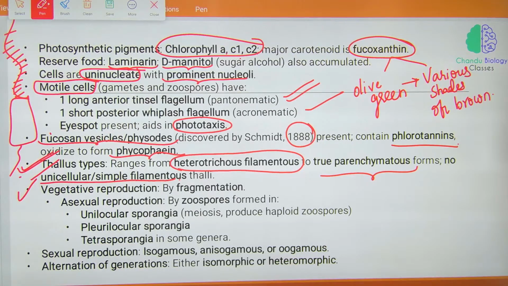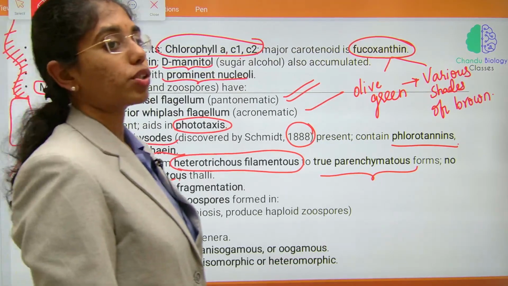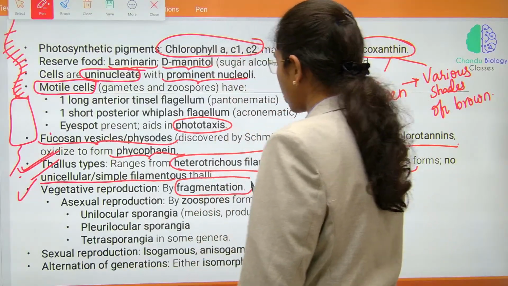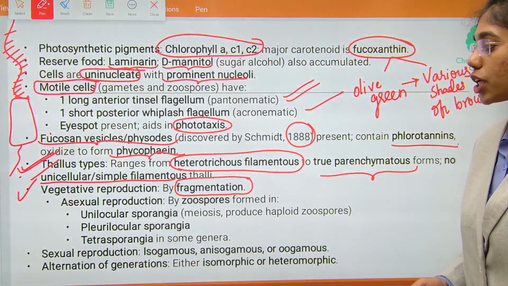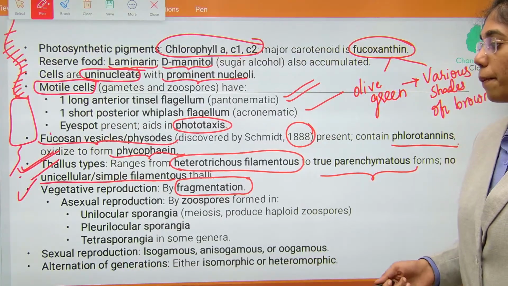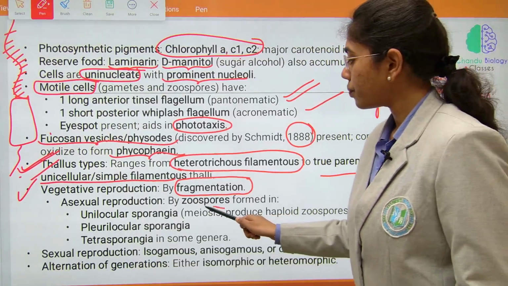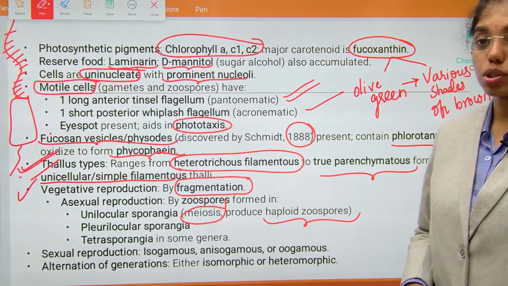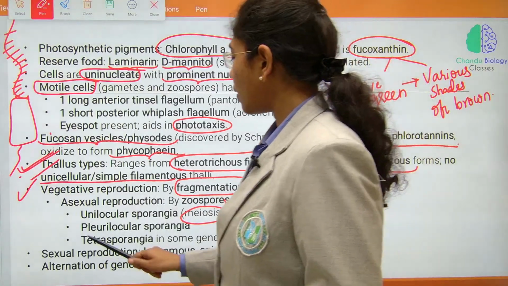Vegetative reproduction: the common mode of vegetative reproduction is always fragmentation. Asexual reproduction is by zoospores, by unilocular sporangia, which undergo meiosis and produce haploid zoospores. Next, plurilocular sporangia.